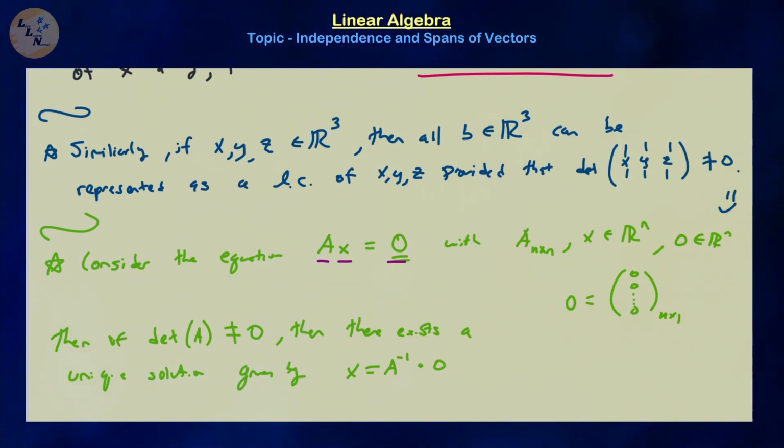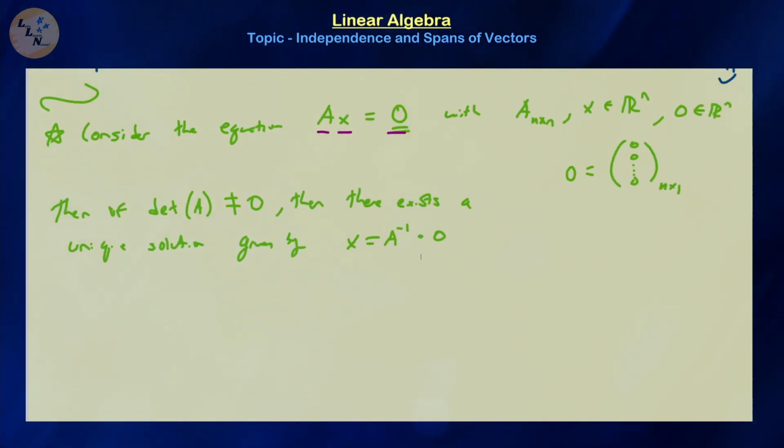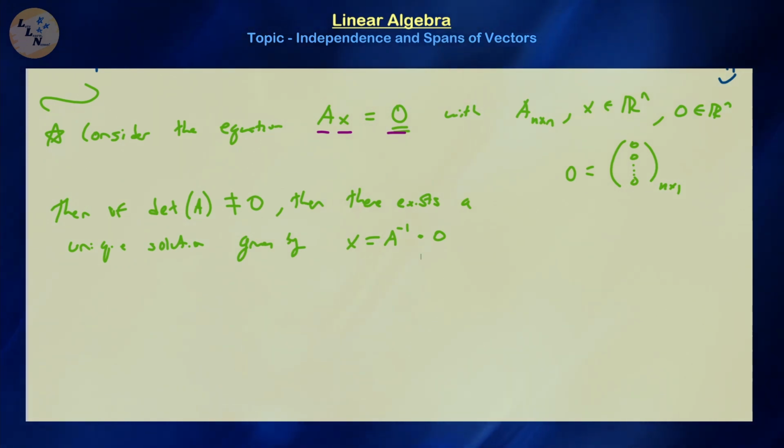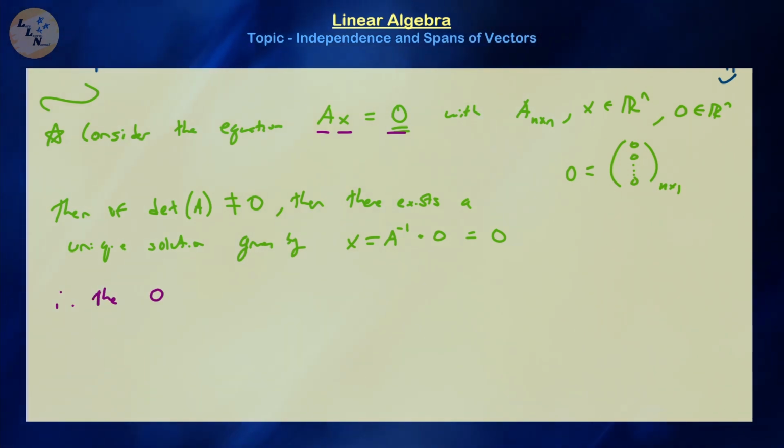So it's not the 0 number times the matrix, it's the 0 vector times that matrix. Because we know if the determinant is non-zero, then the inverse of that square matrix does exist. Regardless of what the entries in that inverse matrix are, when you multiply all of them by 0 and add them up, that's still going to give you 0. So that means the 0 vector is the unique solution.